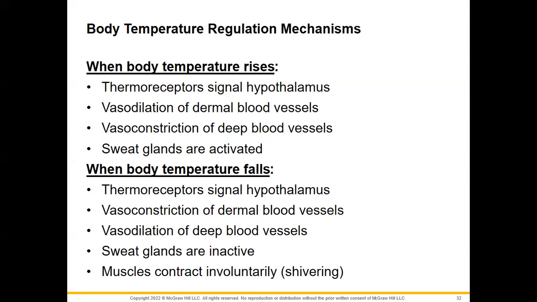Your body's still releasing some heat, but when your hair stands on end, that heat is held on to a little bit longer, providing a sort of sheet of heat around the body in the hair. It also causes involuntary contraction of the skeletal muscles, and that's what causes shivering. That shivering, those contractions, are producing more heat so that you can raise your own body temperature.